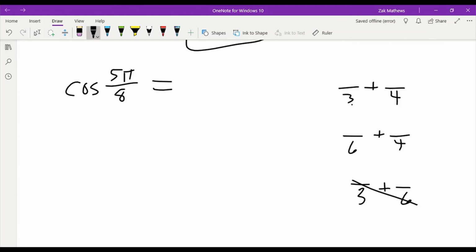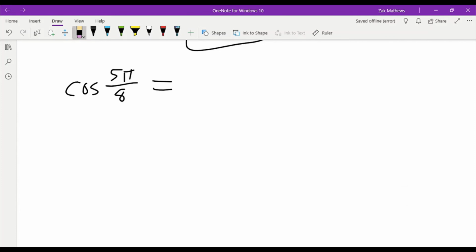So when we're adding these denominators here or here, that's why I always start with the pi over 4, the 45 degrees, because I know that has to be involved if I'm going to have a sum. So if I think about pi over 8, well, for a common denominator I'd have to add fourths and eighths, and eighths I still don't know how to find a pi over 8. And so for this one, I'm going to have to use a half angle, and it should be pretty obvious that 8 is twice 4, and so somehow I could use the pi over 4s to get to my pi over 8.